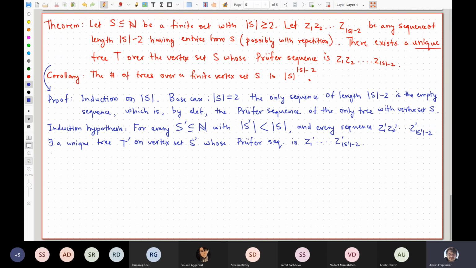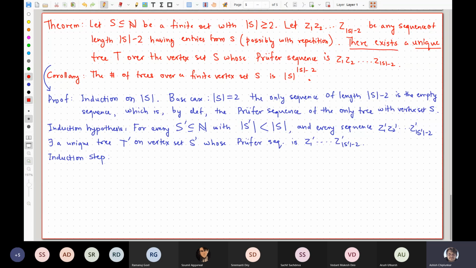Now what is the induction step? We need to prove two things. We are saying that there exists a unique tree, so there are really two parts of this claim: existence, and uniqueness.